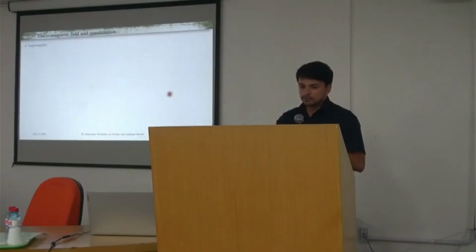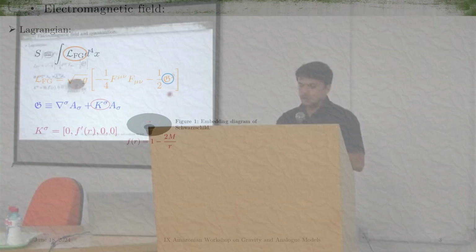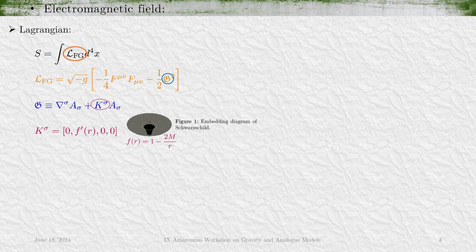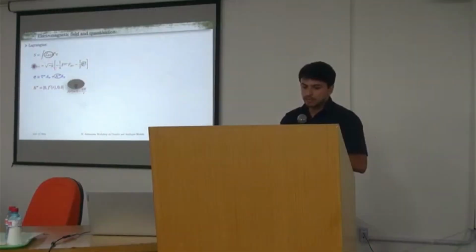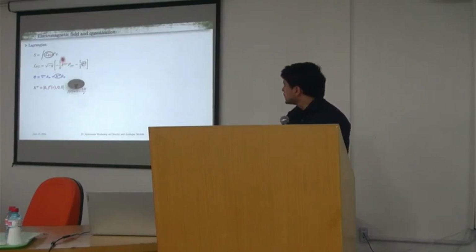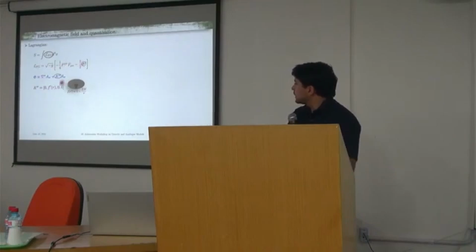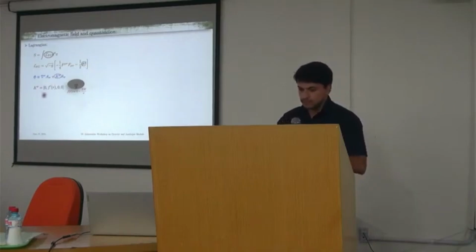The dynamics of the electromagnetic field in Schwarzschild can be derived by the following action. Here we have the Lagrangian and the Feynman gauge, where F mu nu is the electromagnetic tensor, as usual. G is a gauge term, and the vector K here is introduced for convenience.